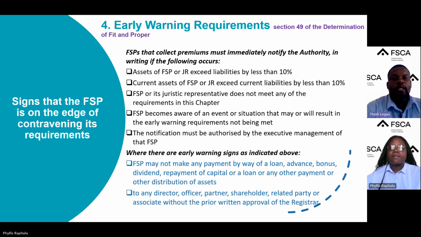When early warnings are triggered, in terms of Section 49 of the determination of fit and proper, early warning will be triggered where the assets of an FSP or the juristic rep exceed the liabilities by less than 10%, or the current assets of an FSP exceed the current liabilities by less than 10%, or when an FSP becomes aware that it does not meet the requirements set out in this chapter, or it becomes aware of a situation that will lead to it not being able to meet these requirements.